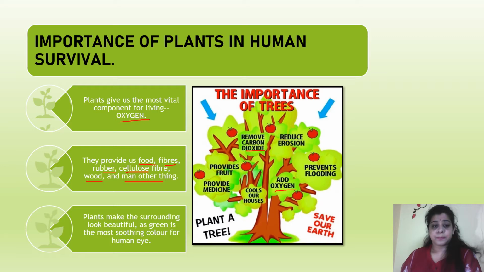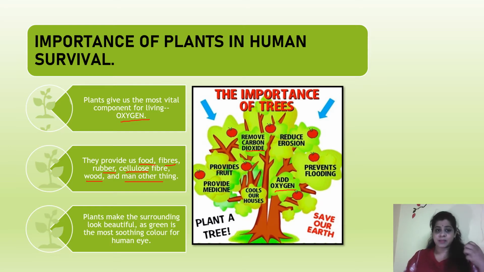Okay. Plants make the surroundings look beautiful. The reason is that for human beings, the most soothing color for the eyes is green. When we see green color, it provides a soothing effect to our eyes.